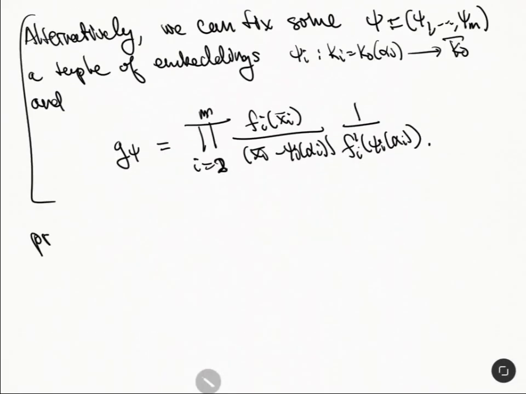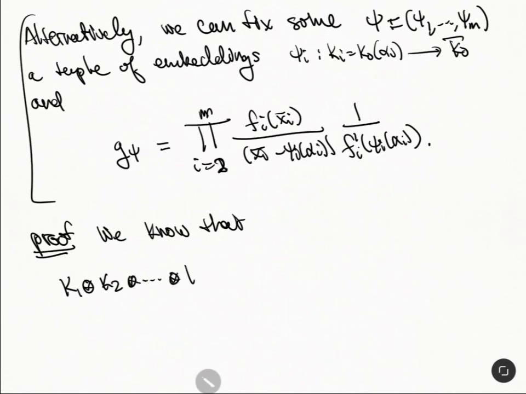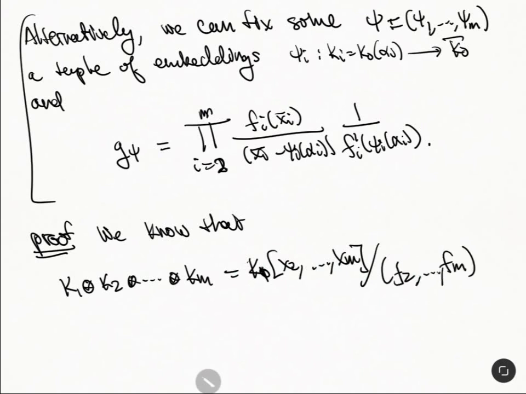Okay, so the proof idea. We know that K1 tensor K2 tensor through Km looks like K1 X2 through Xm modulo F2 through Fm. This thing splits, right?